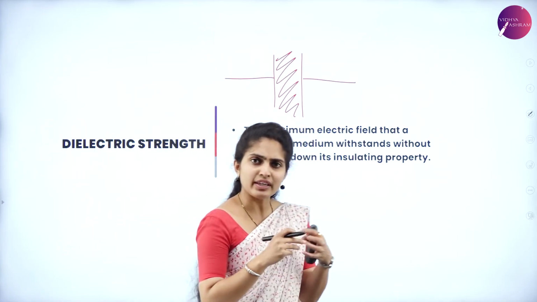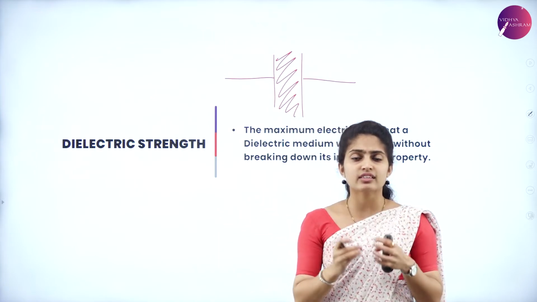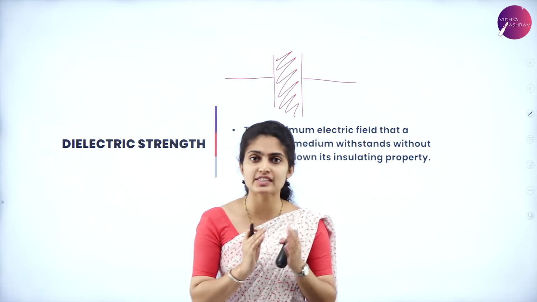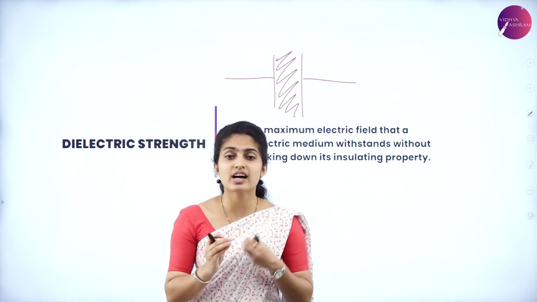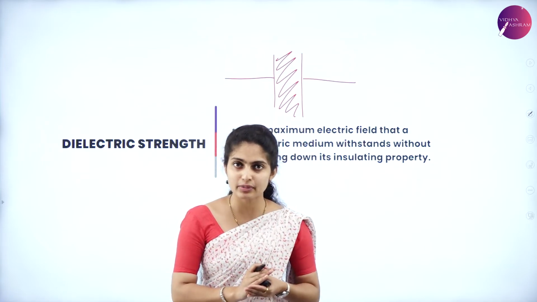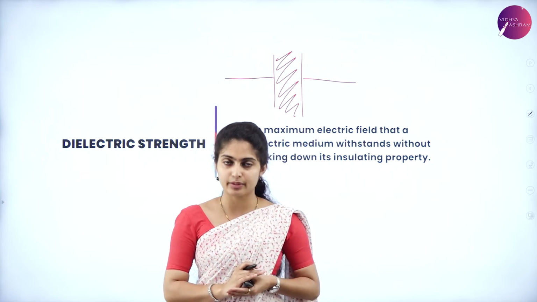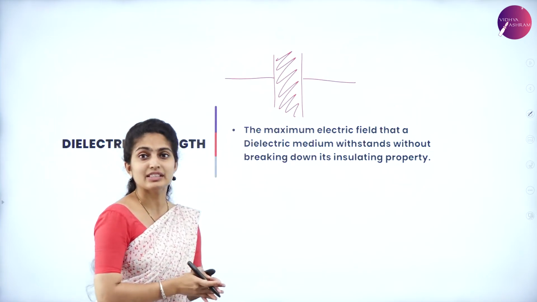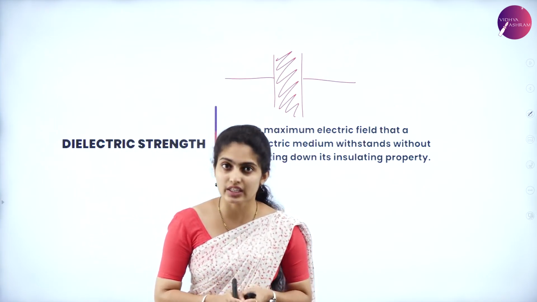What is meant by an insulating medium? That is the one through which the flow of charges does not take place, that is, the current doesn't exist there. Such a medium is said to be an insulating medium. So there is an insulating medium between two conductors.